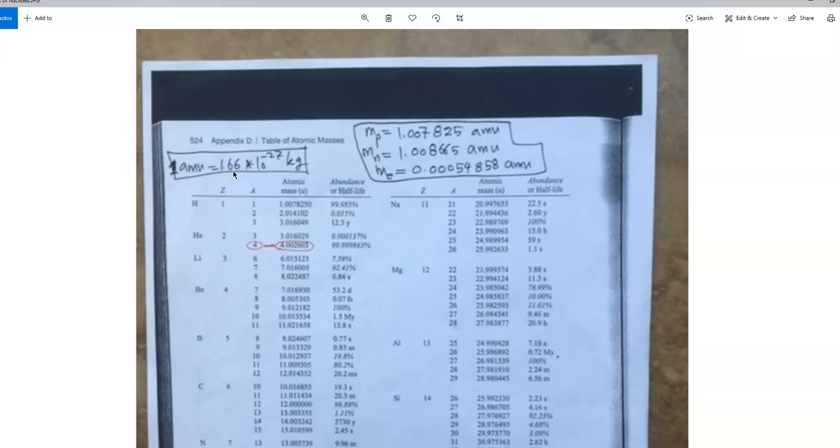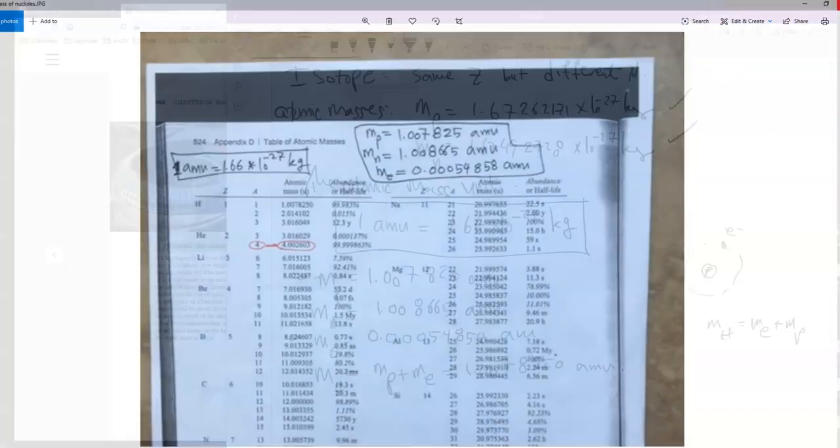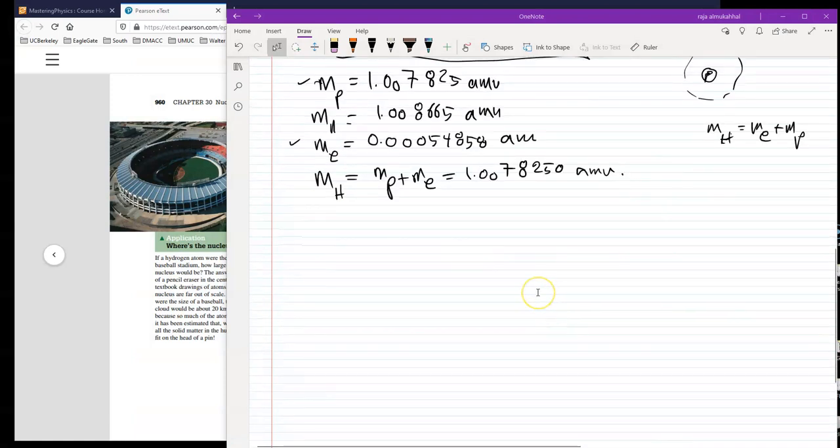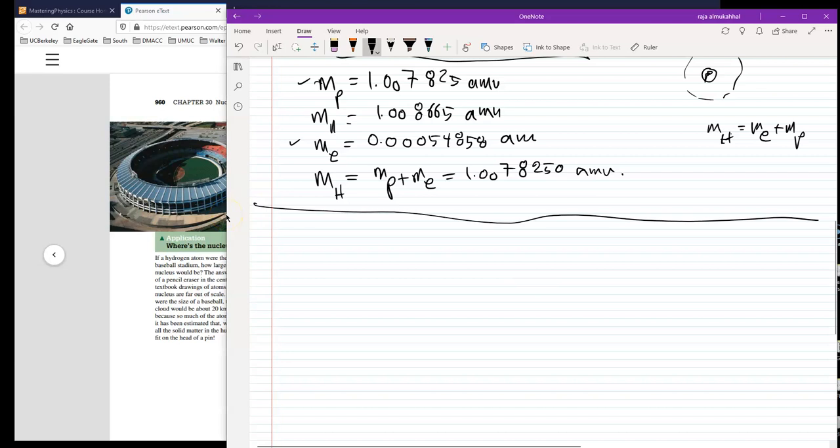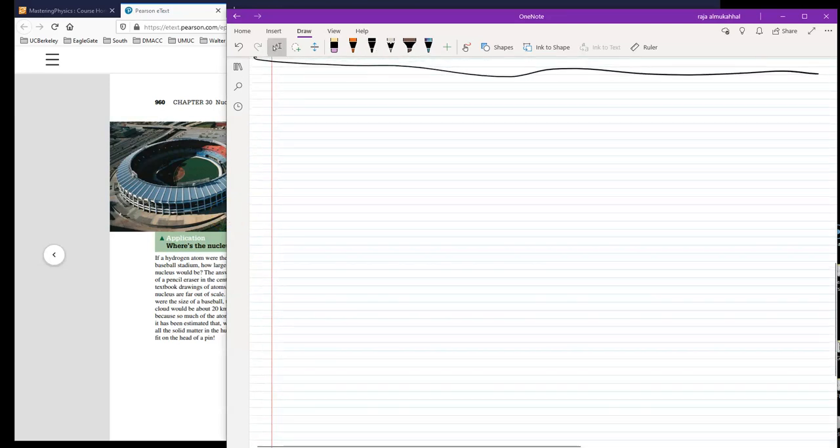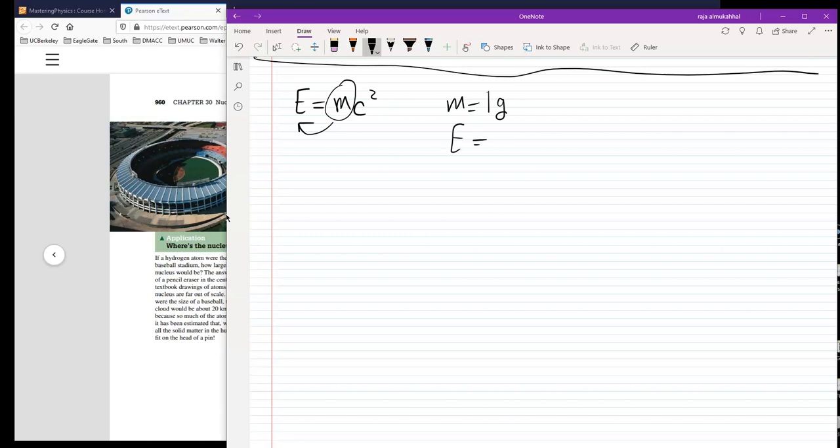One more thing. Right now I'm just building up some data before we start working on a problem. In the previous chapter, you studied the famous equation E equals mc squared, and you've learned that you can convert mass into energy, right? How do you do that? If you have a mass of, say, 1 gram, how much energy is that?